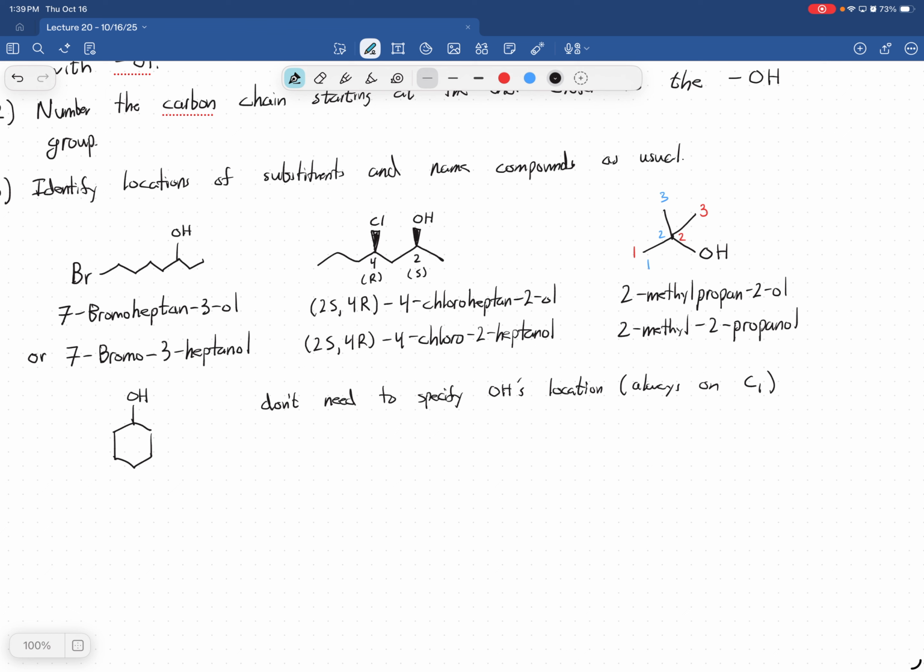The hydroxyl group, or hydroxy group, is the highest priority substituent, so you don't need to locate it, okay? So, for example, let's do this one. How would you name this compound?